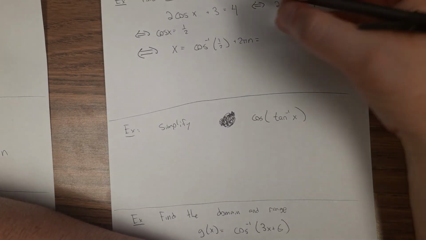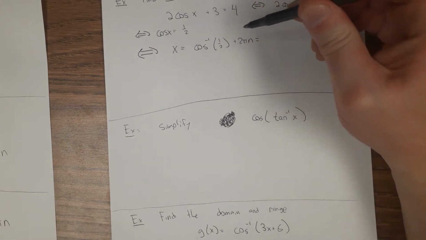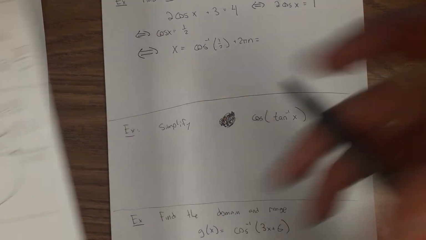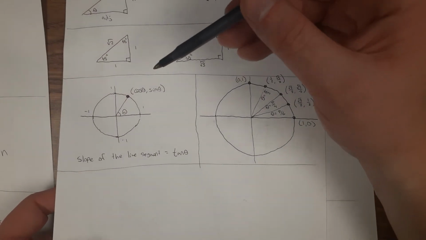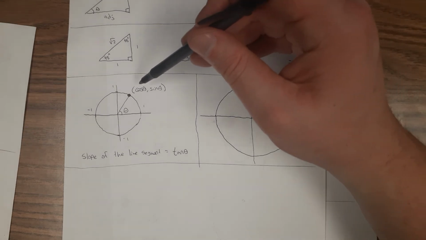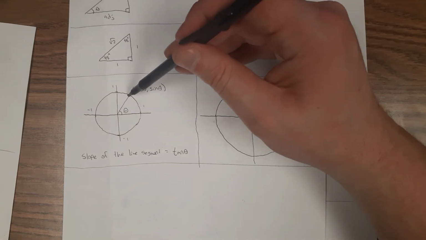And I can simplify this. What is the arc cosine of 1/2? Well, the cosine is the x-coordinate of a point on my unit circle.